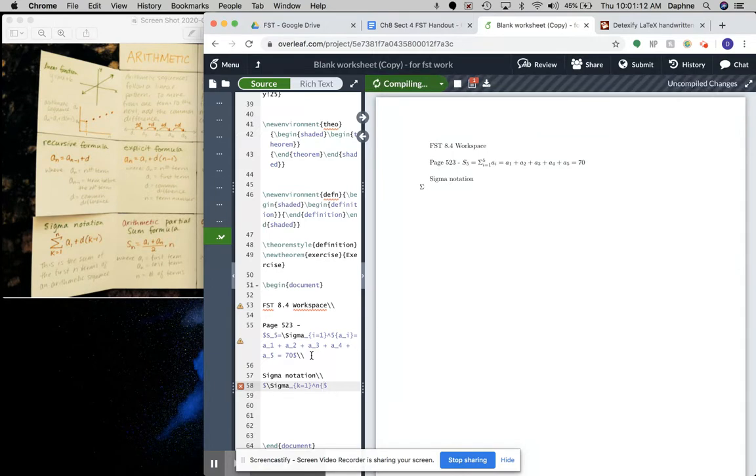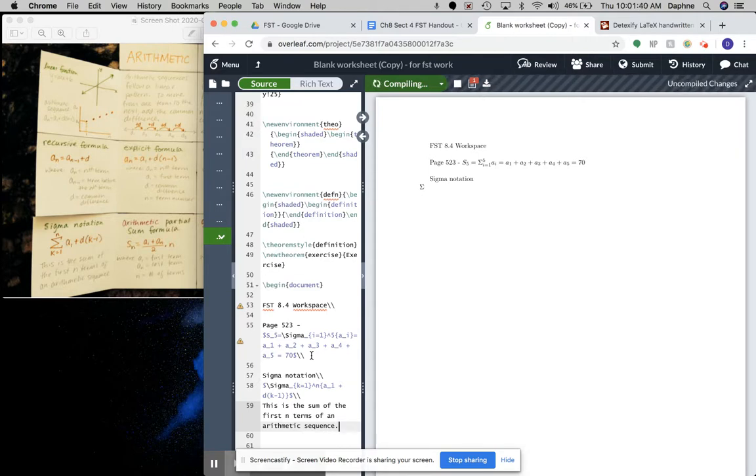And this will be of our first term, a sub 1, plus our common difference times our index minus 1. So we're no longer putting in n, we are now putting in k as our index. This is the sum of the first n terms of an arithmetic sequence.